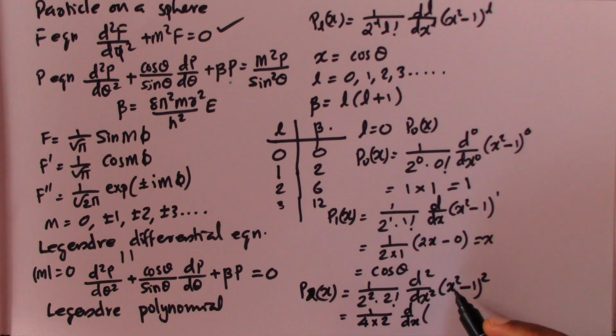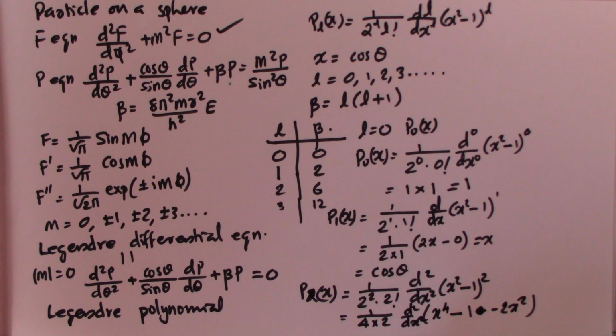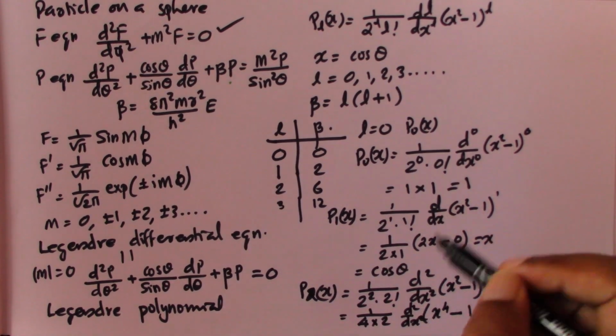We will go for the expansion of this first. So d square by dx square of (x square minus 1) the whole square, that is x raised to 4 minus 2x square plus 1, that is (x square minus 1) the whole square.